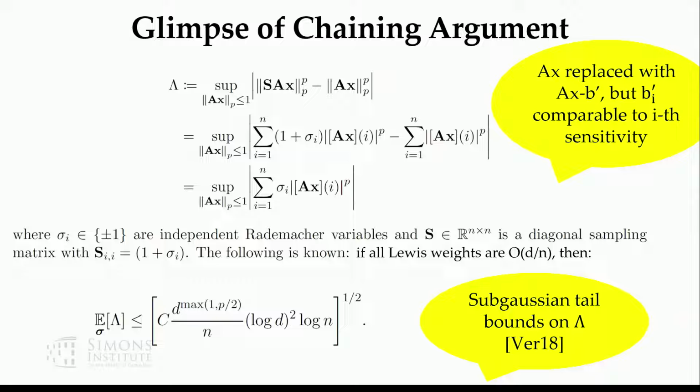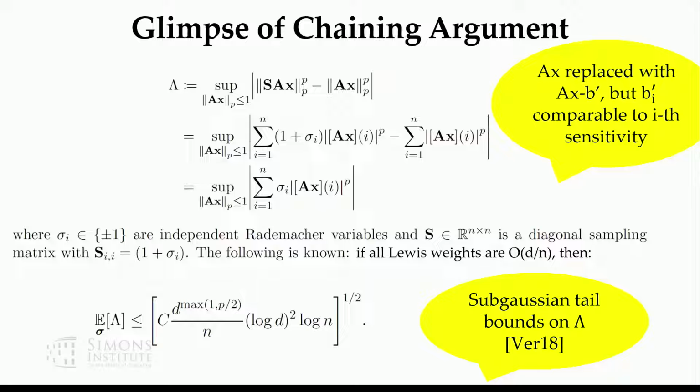So now I have this, if you've seen these, a nice Rademacher process. I can try to bound this, and there are known bounds on this quantity. The bound of Ledoux-Talagrand says that the expected value of this supremum Lambda is something that looks like what we want. It's the square root of d to the max of 1, p/2, over n, times some log factors.